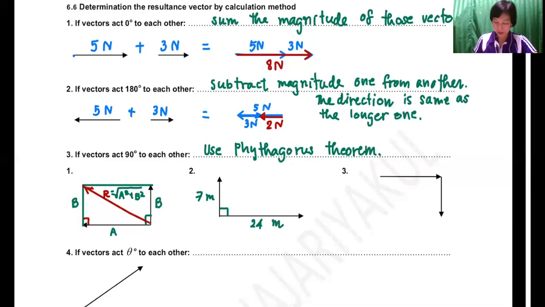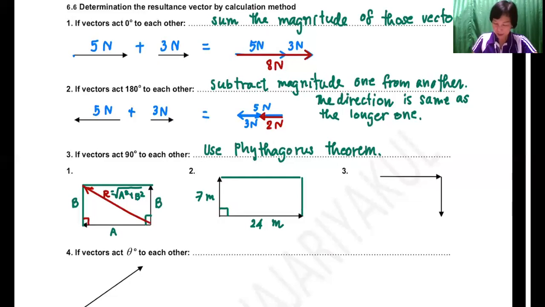How much is the resultant? Here their tails are at the same point, so I will draw the parallelogram again, or rather the rectangle, from these two vectors, with another line parallel to this one.